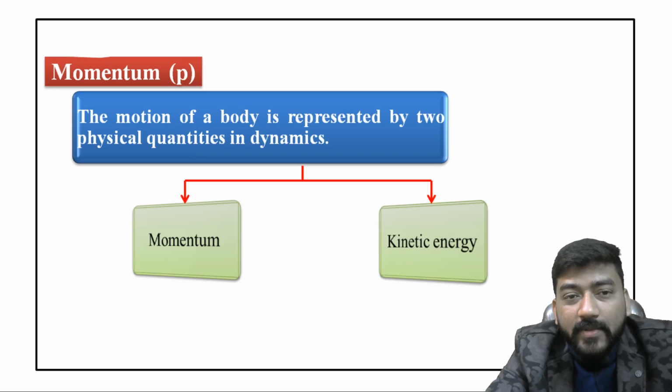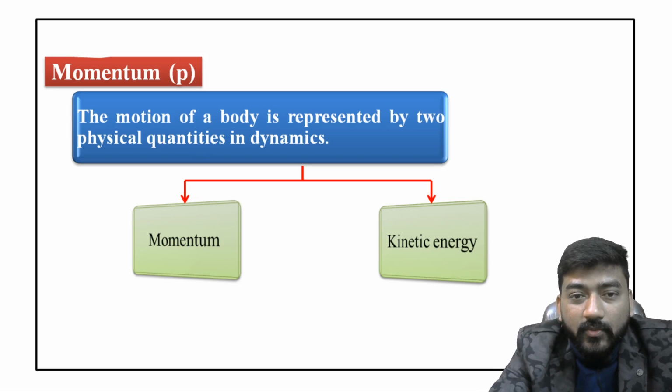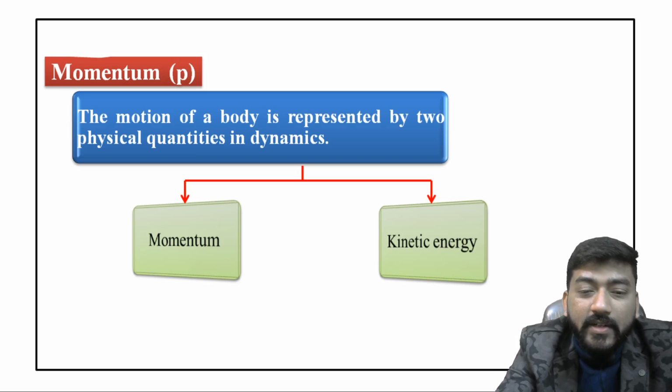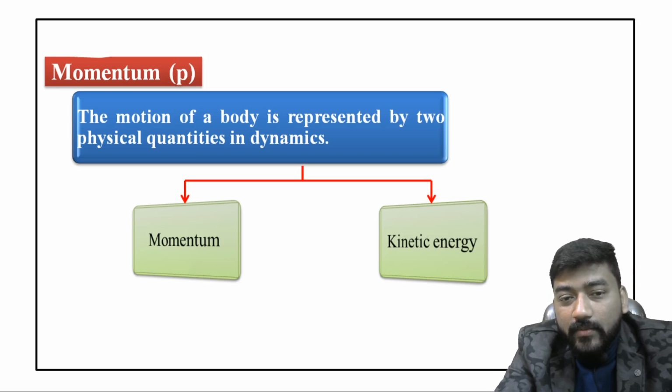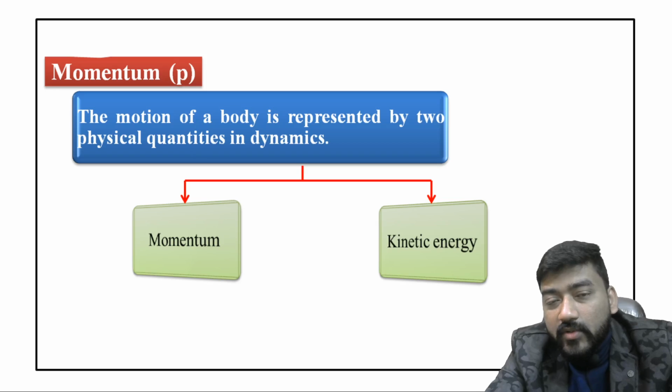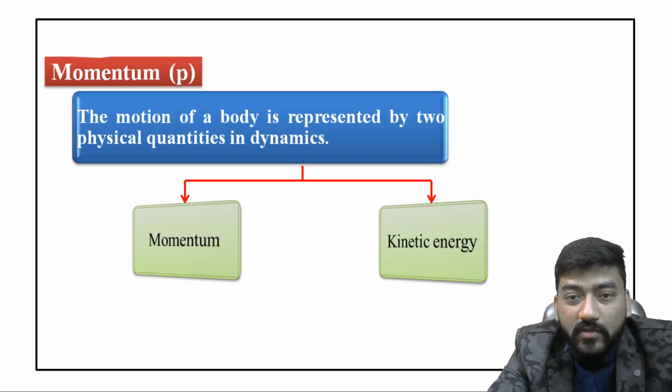In this class we will discuss momentum, and about energy we will discuss later. The motion of a body is represented by these two physical quantities, so from the energy concept we can discuss the motion, and from the momentum concept we can also discuss the motion, the dynamics, of a system.